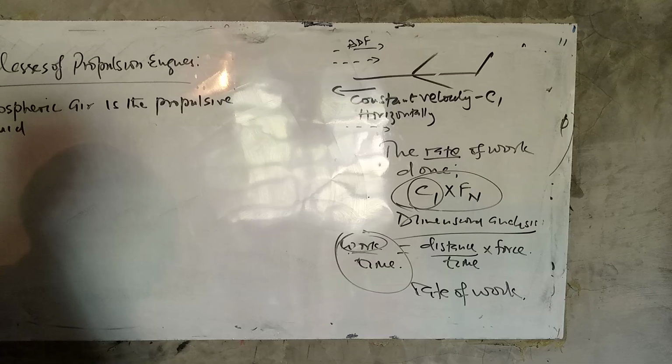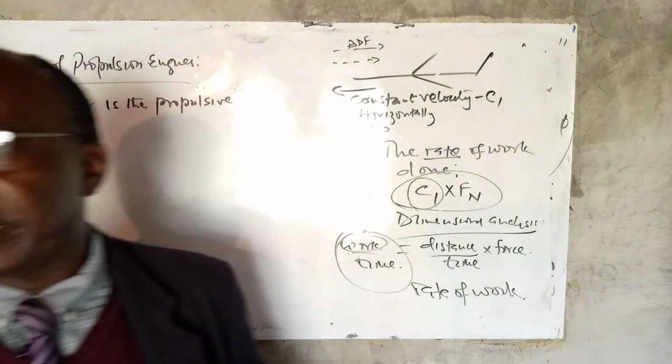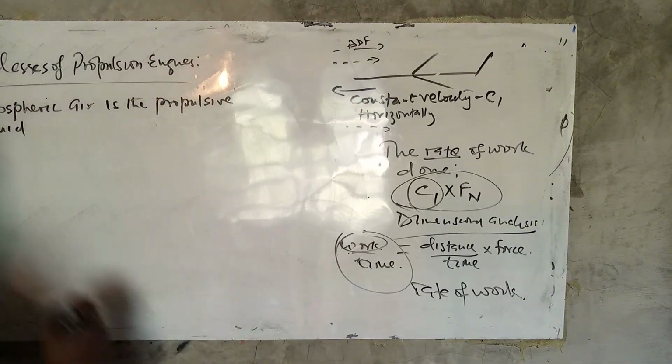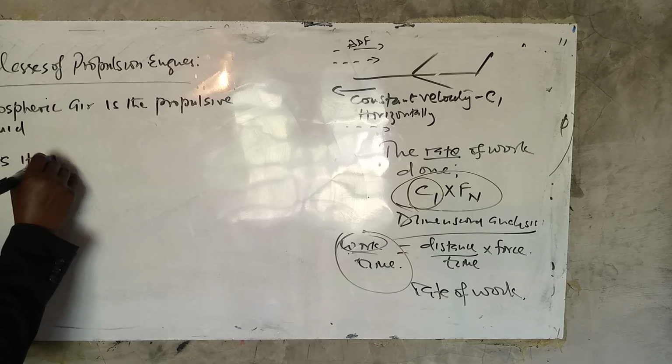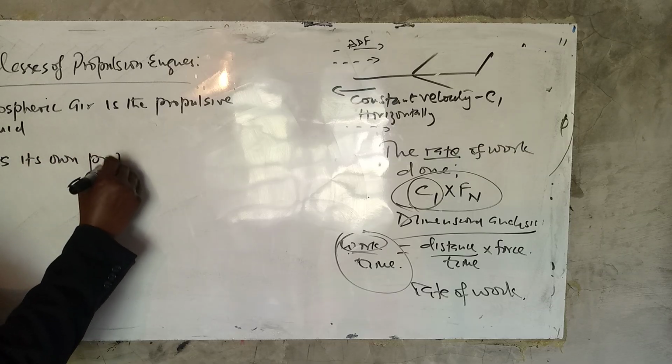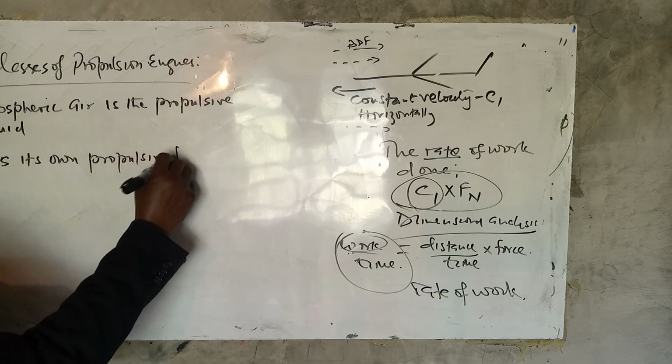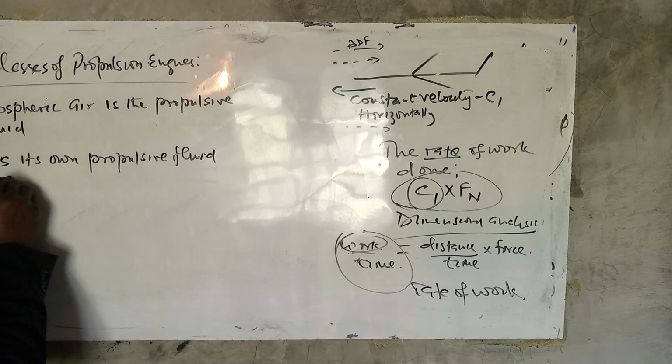The second one has its own propulsive fluid, like for example in a rocket motor. The example is a rocket motor.